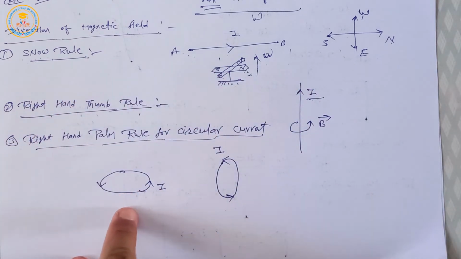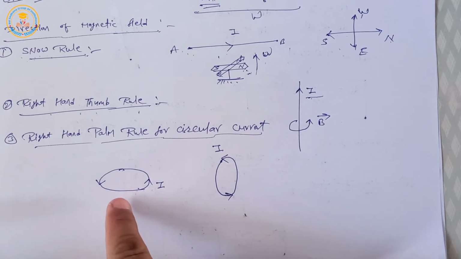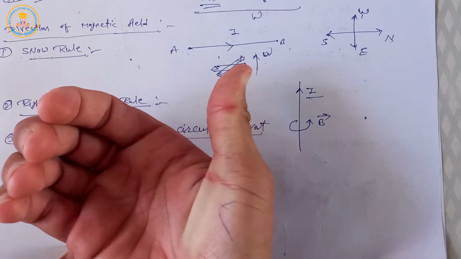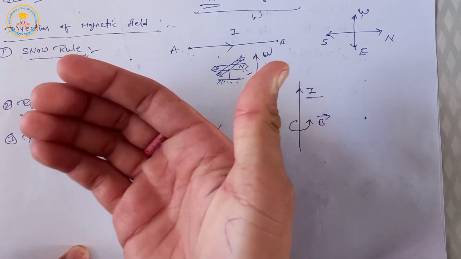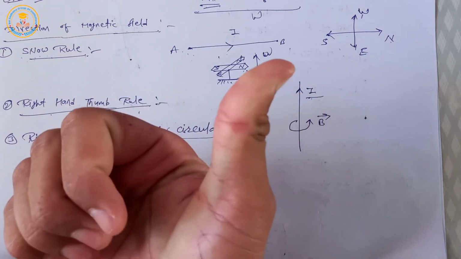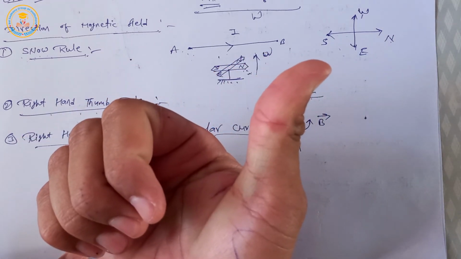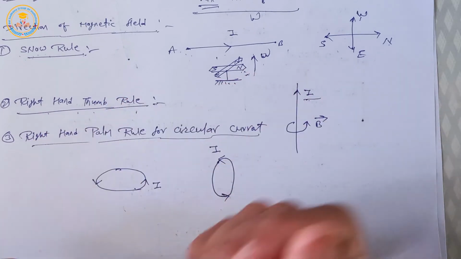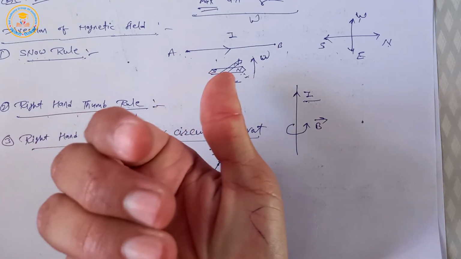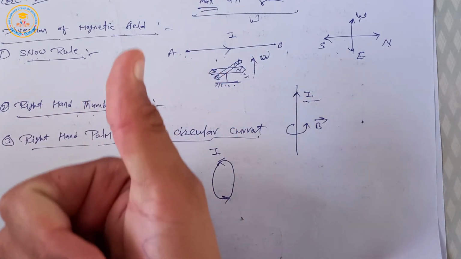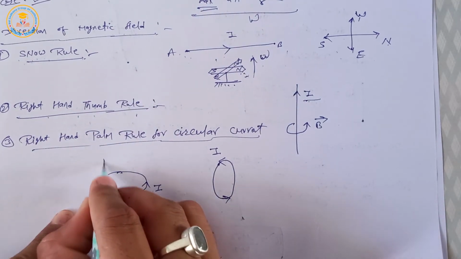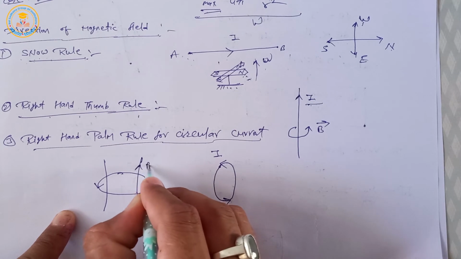It means for this diagram, the folded fingers represent the direction of circular current, then the direction of the straight thumb will represent the direction of magnetic field. Okay, in this figure, this is the direction of current, then the direction of thumb is the direction of magnetic field. It means here the direction of magnetic field is in this direction.